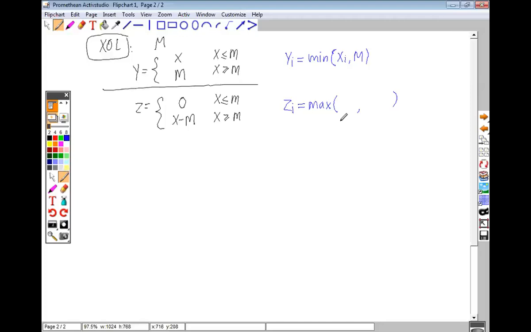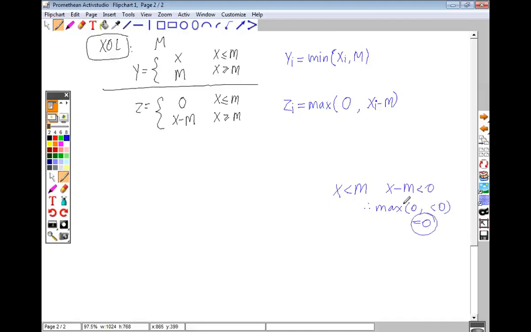Okay, so it would just be maximum of 0 and xi minus m, right? So let us say if there is a claim amount x which is less than m, then you know that this is going to be a negative number, because if x is less than m, x minus m will be less than 0, and therefore maximum between 0 and something which is less than 0 will just be 0, right?